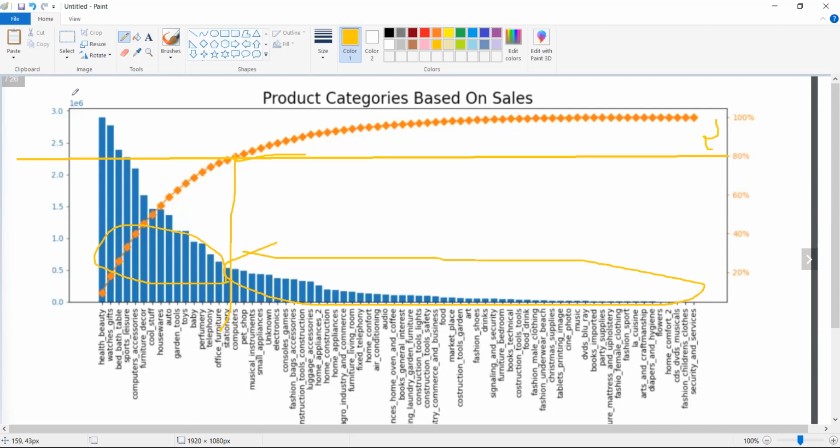This is your primary axis, which talks about revenue, sales. And you have the secondary axis, which talks about percentage contribution. So this bar graph is based on the primary axis and the line graph is based on the contribution. This is like putting two graphs together as one graph.